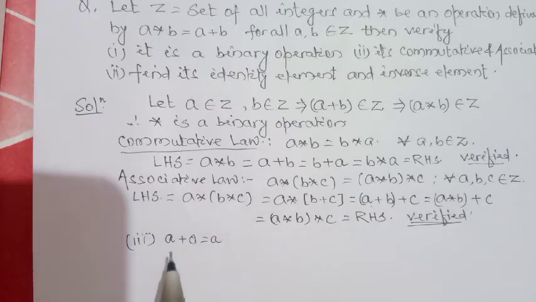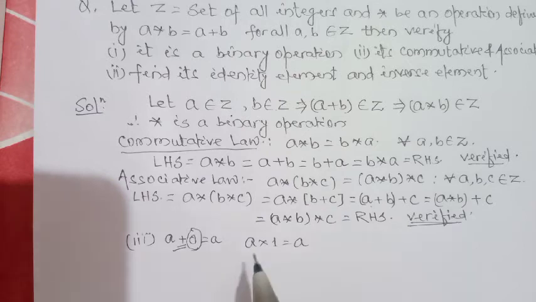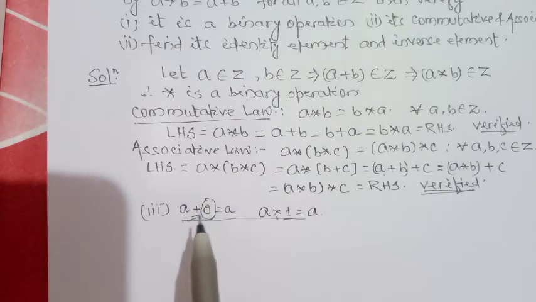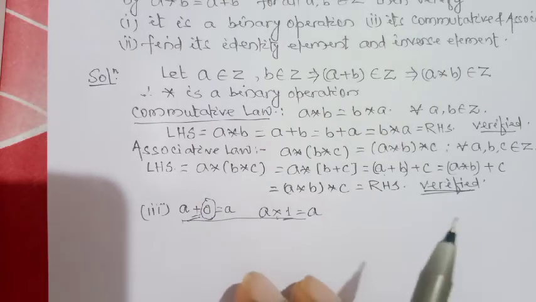So if a plus 0 is a, then 0 is called identity element for operation addition. a multiplied by 1 is a. Here 1 is called identity element for multiplication, because the value of the term should not be changed. So consider e is the identity element.